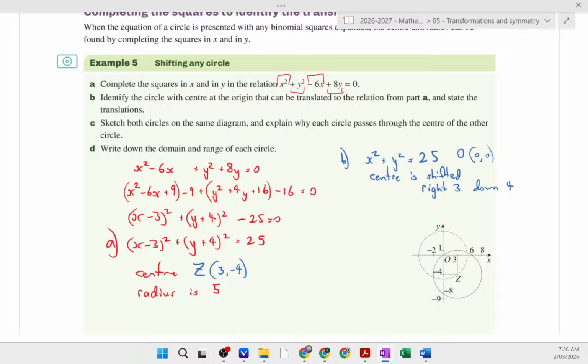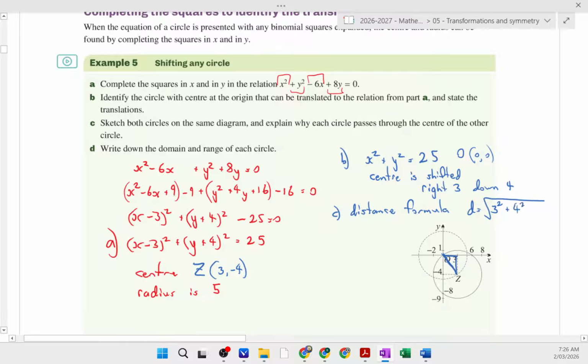Well, if you have a look at this, you have gone across 3 and down 4, which means if you calculate that using the distance formula, which you should remember is basically Pythagoras, the distance equals the square root of 3 squared plus 4 squared, which equals the square root of 25, which equals 5.